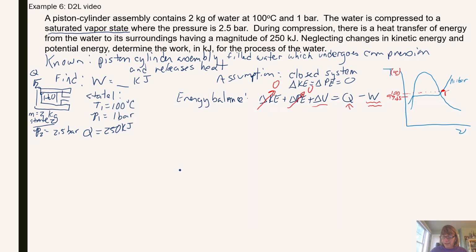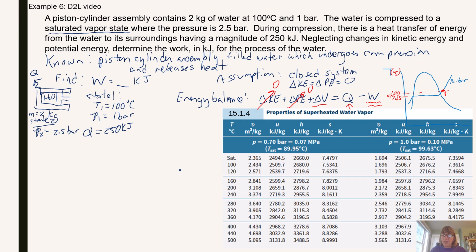So we need information off the superheated table for that one. So let's look at a superheated table. And here we're at 1 bar on the second half of the table, but the temperature is way over on the left. And at 100 degrees, we can see we have some information here that we could use. At 1 bar and 100 degrees, we can use our specific volume or the specific internal energy.